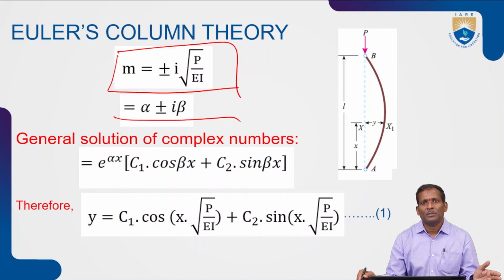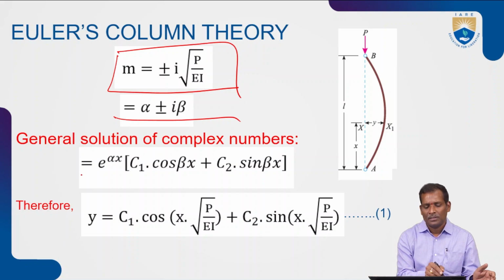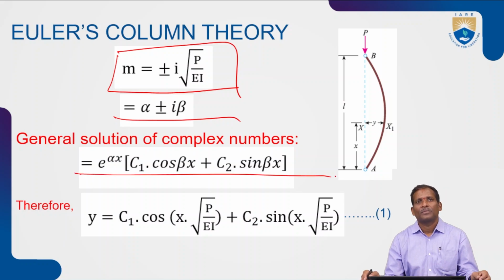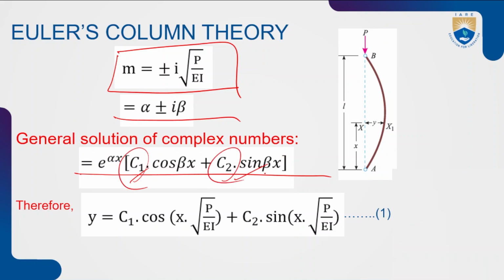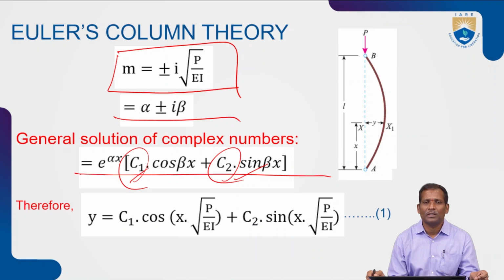The general solution for complex roots is y equals e to the power of alpha x inside bracket c1 cos beta x plus c2 sin beta x. Here, c1 and c2 are constants. How to calculate these two values? By using the initial conditions.